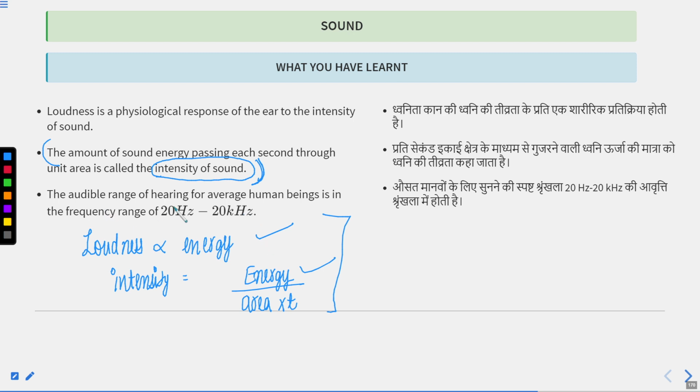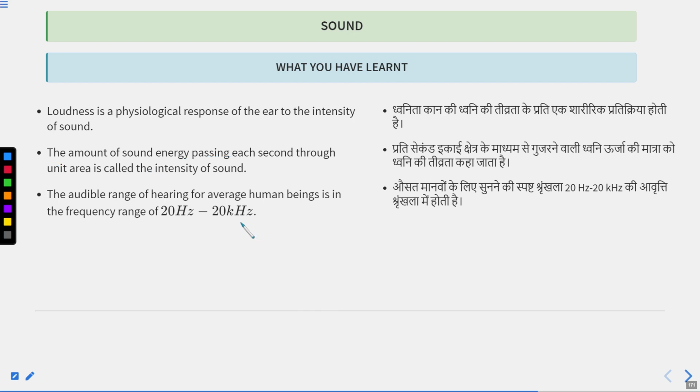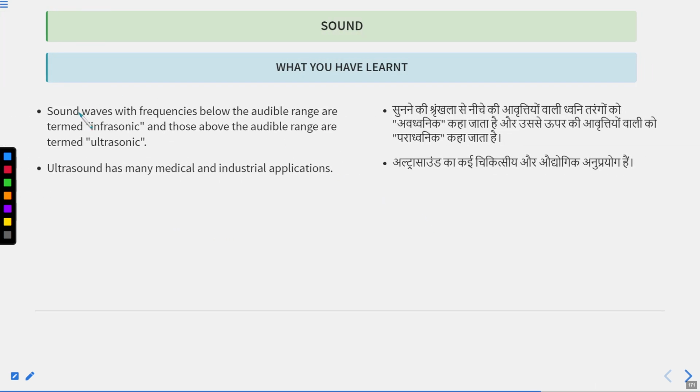The audible range of hearing of an average human being is, you have to memorize this, 20 hertz to 20,000 hertz. Any frequency less than 20 hertz is called infrasonic, and frequency higher than 20,000 hertz is called ultrasonic wave.